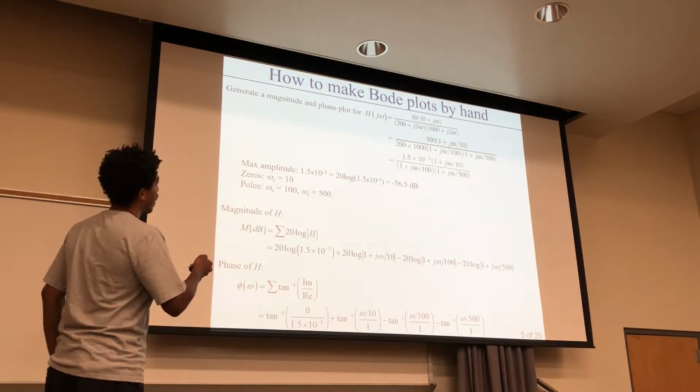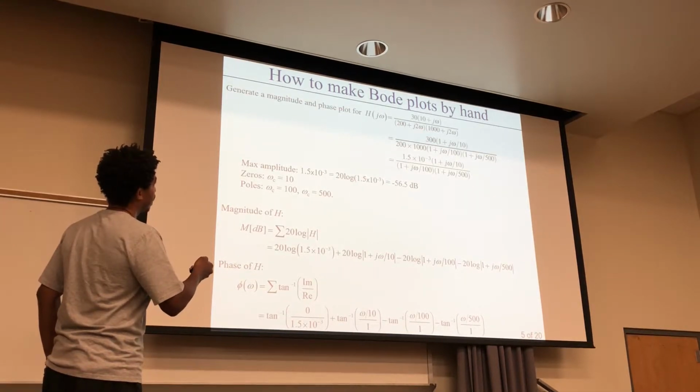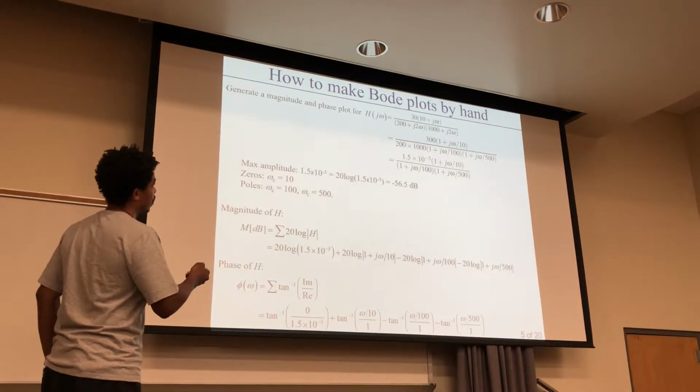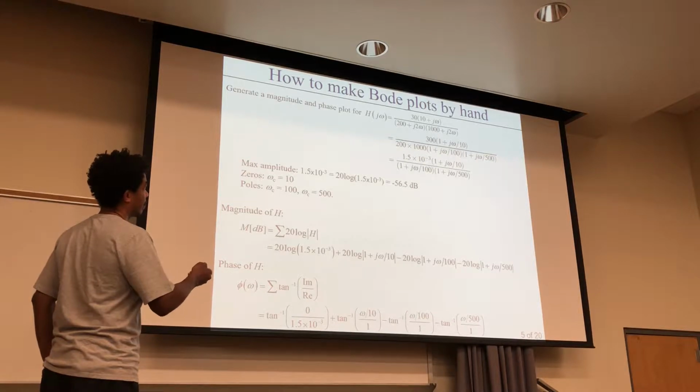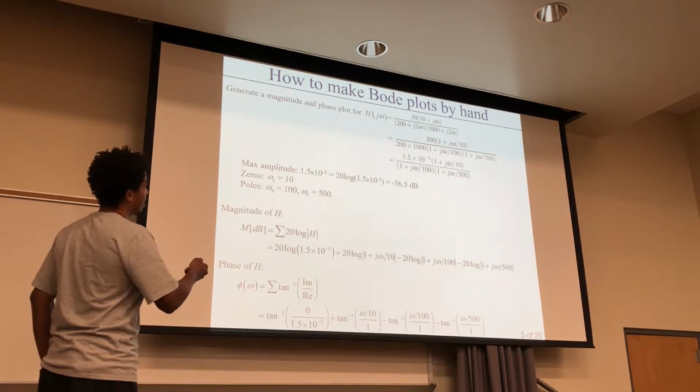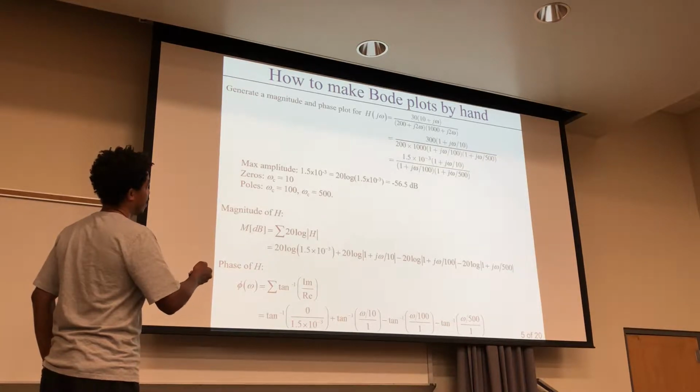So that's a 10, which becomes 100. Down here you have a 200 and 1,000, so you factor out both of those. When you factor out the real part, it just means that the imaginary part is divided by the real part. Then you take that 300 divided by 200 times 1,000, and you group that all together into this value. So here's your amplitude, your maximum value.